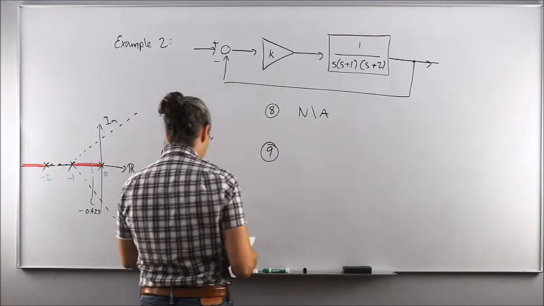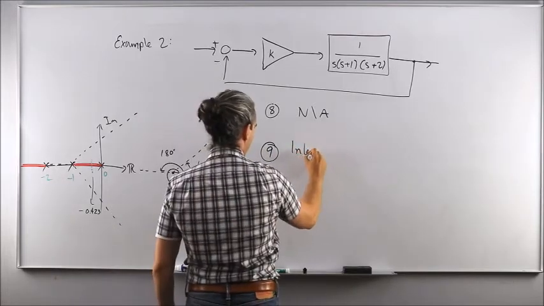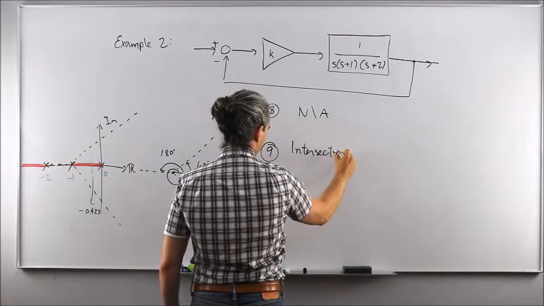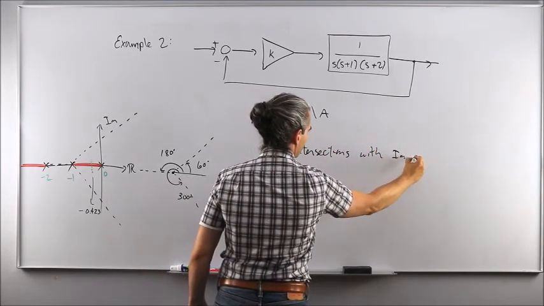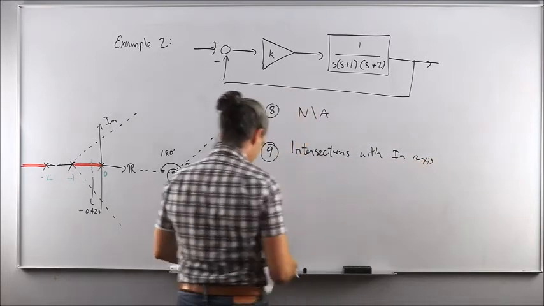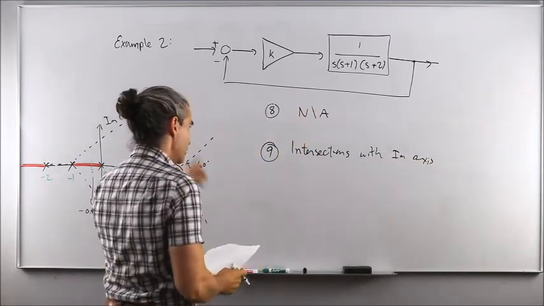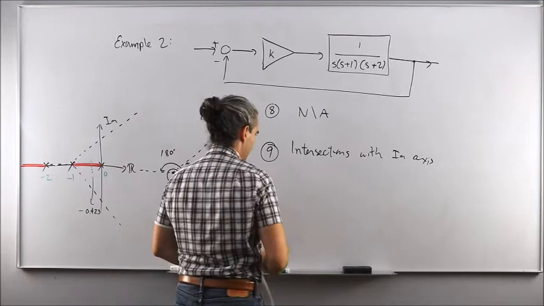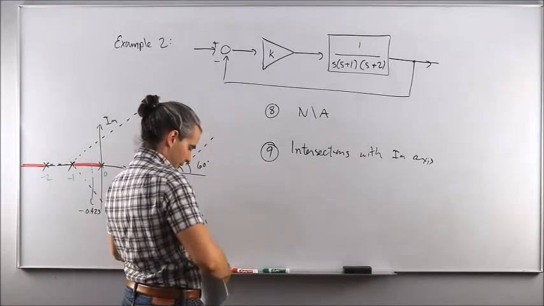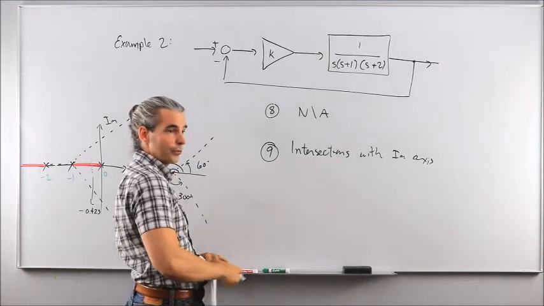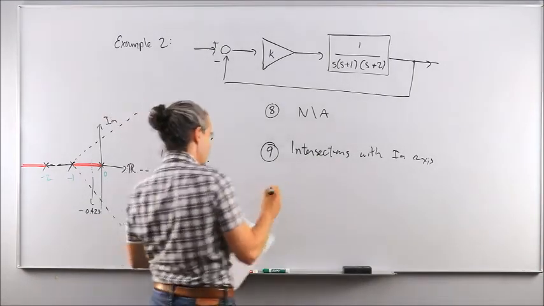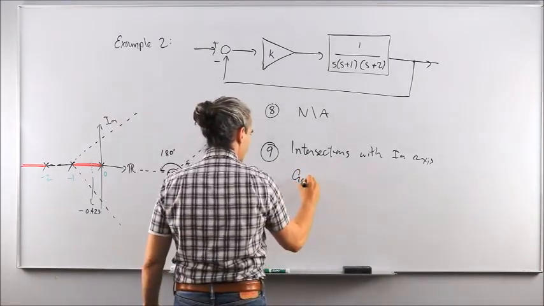Step 9, intersection with the imaginary axis. And this is where you need to think and not go too quick, because you would be tempted to just reuse the characteristic equation of the open loop transfer function, yet you need to play with the closed loop transfer function here.